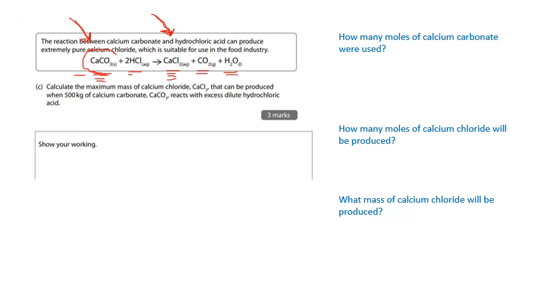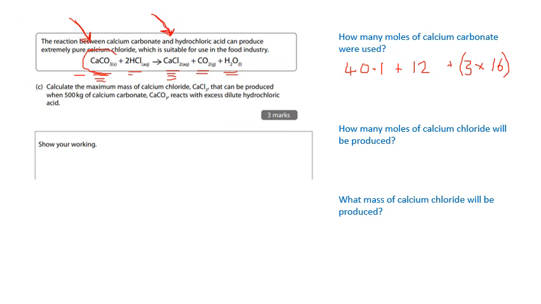So I've figured it out, and it's how many moles of calcium carbonate were used. Well, 1 mole of calcium carbonate. So we look on our periodic table and we see that calcium is 40.1, and it's CaCO3, so plus 12, that's the carbon, plus, and there's 3 oxygens, so plus 3 times 16.